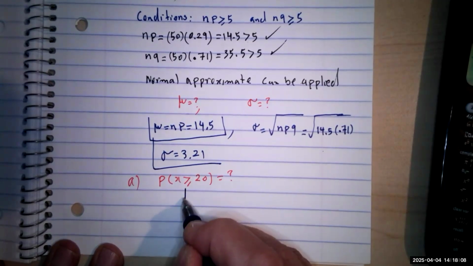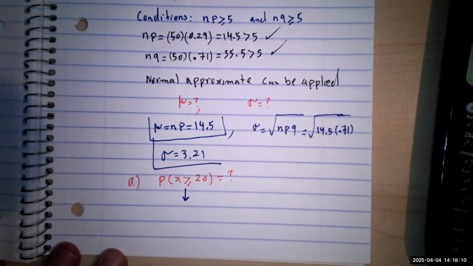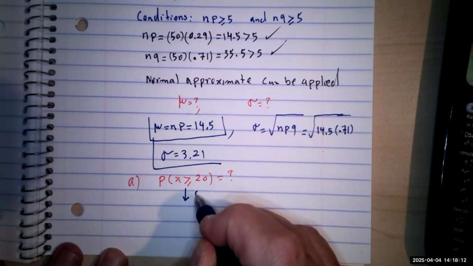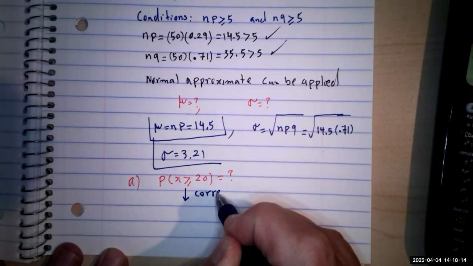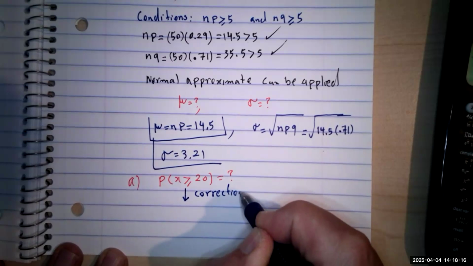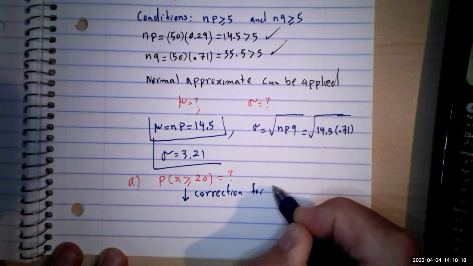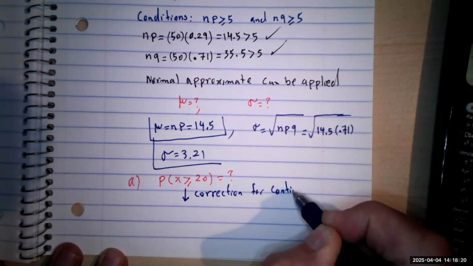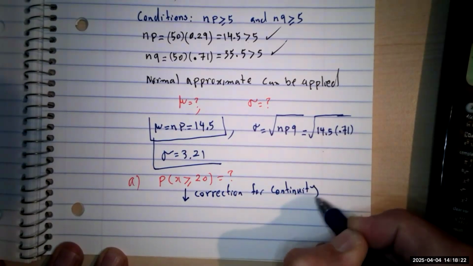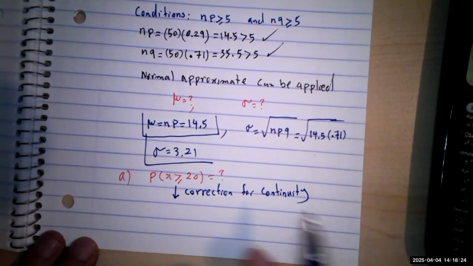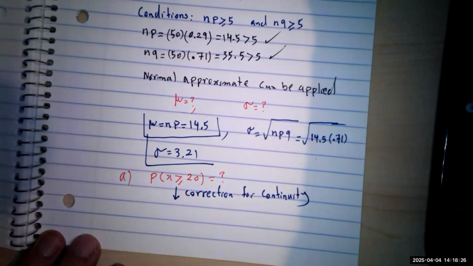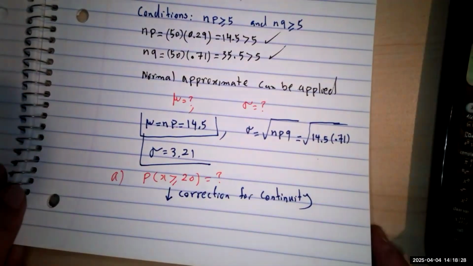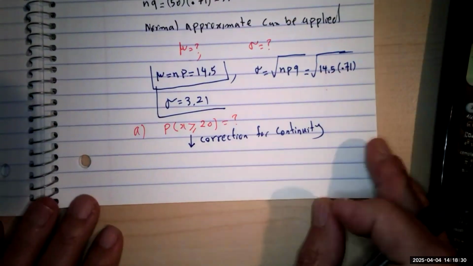This is what we talked about in the lecture notes, and it is called the correction for continuity.